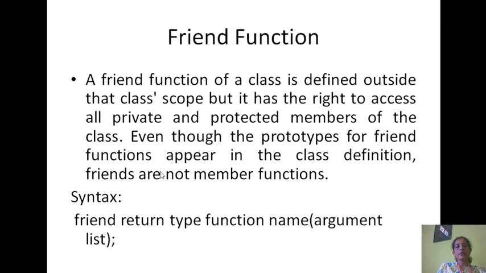With the help of this syntax we can define the friend function: friend, return type and the function name. If we declare this statement within the class, then the compiler knows that this particular function is a friend to the class. At that time the private members of the class can be accessed by that particular function.